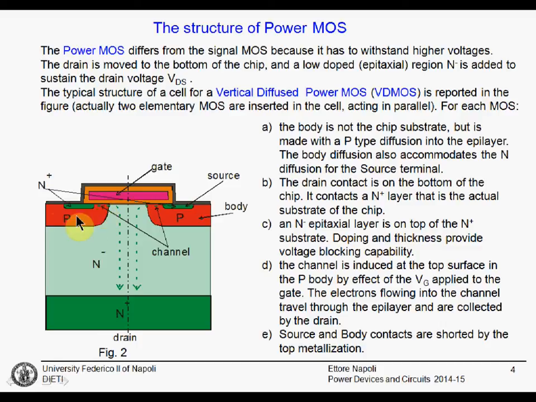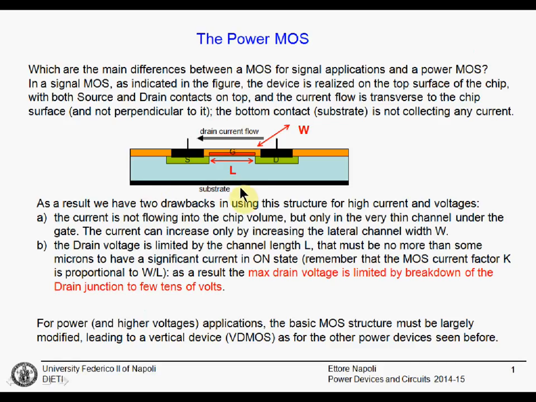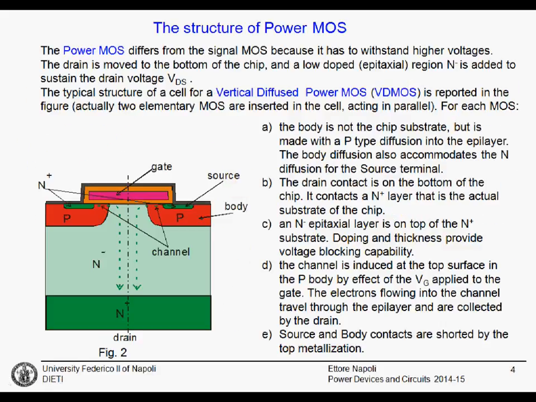The body is now just diffused on top of the chip. And the substrate contact, which was at the bottom of the device, is now on the top. It is here.